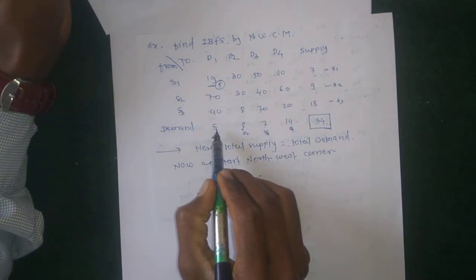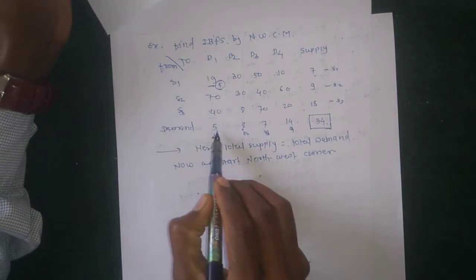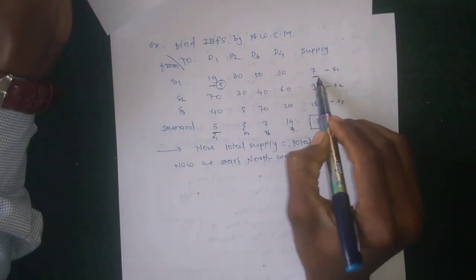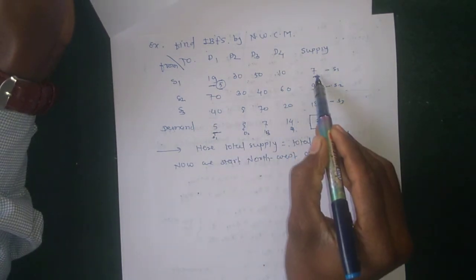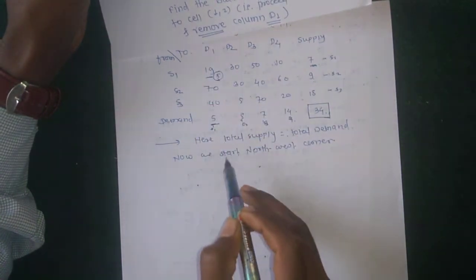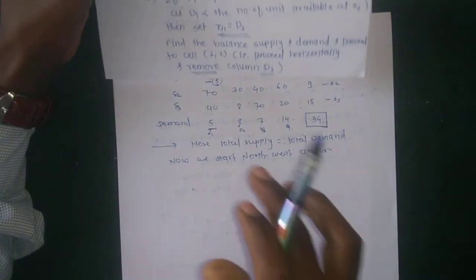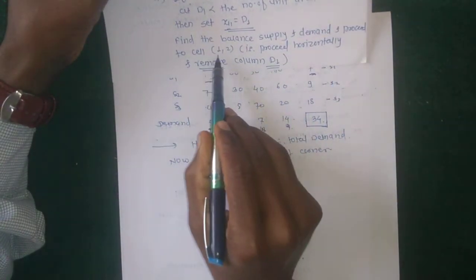The demand value is less than the supply value, that is, D1 is less than S1, so set X11 equal to 5, then delete this row, find the balance of supply and demand, and proceed to the next cell, 1,2.